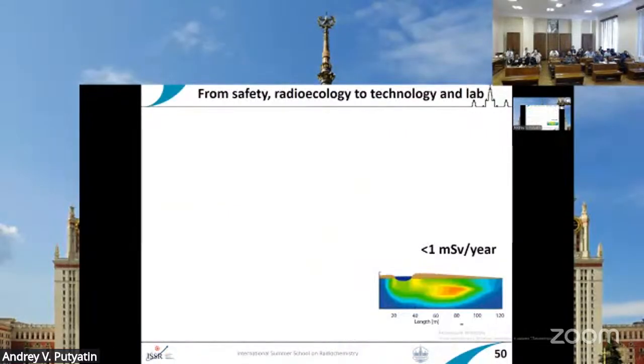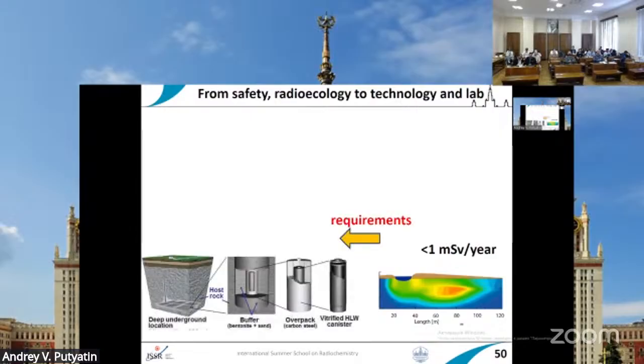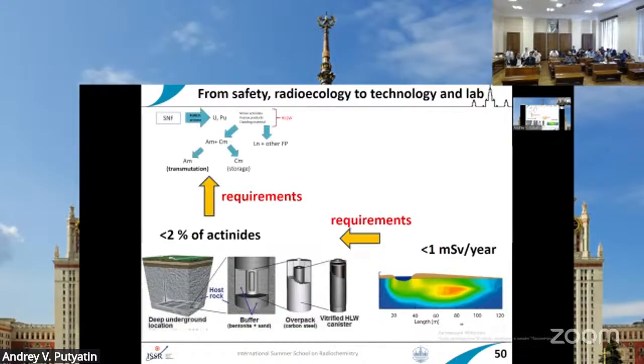In a more simple way, for example, we know that the dose rate must be less than 1 millisievert per year for the population. That means that we create requirements for the composition of the radioactive waste inside the high-level waste. For example, it's not a certain number, just an example, less than 2% of actinides. With this information, we can build the requirements for the treatment procedures of the high-level waste and spent nuclear fuel.